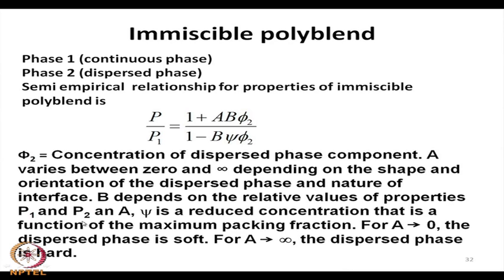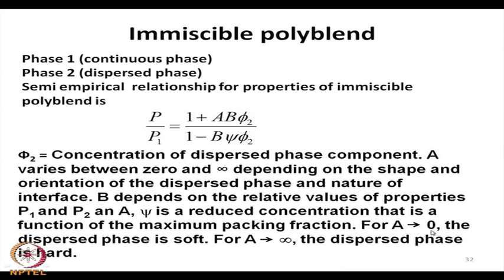B depends on the relative values of properties P1 and P2 of the component polymers and on A, and psi is a reduced concentration, that is a function of the maximum packing fraction.